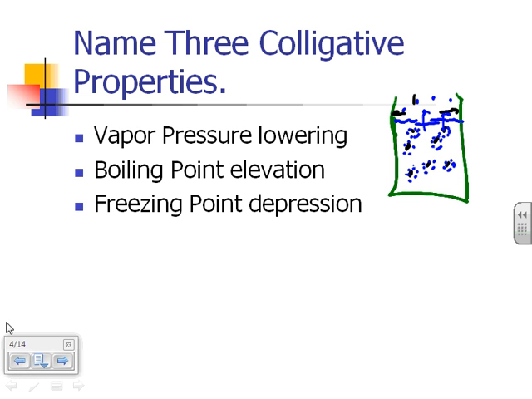Freezing point depression. You will lower the freezing point if you add particles to something. So you add salt in the winter to the roads to melt the ice, and that's what happens here. Those particles will prevent the ice from crystallizing out.